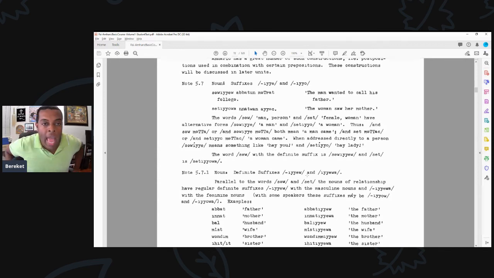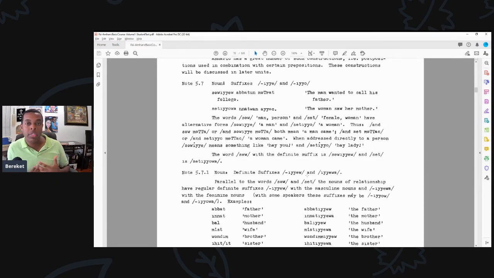These are kind of alternative forms. So you can either use so or soyo. You can use sate or setioa. Both kind of mean the same thing, but the latter has more of a connotation of distance. The author mentions here it can also kind of mean hey you or hey lady.